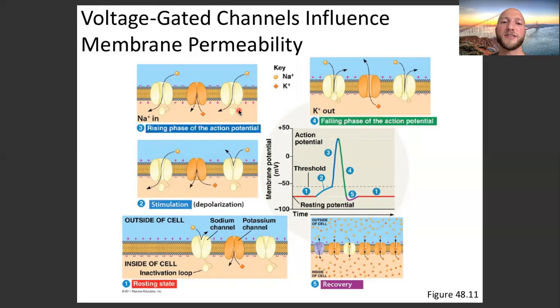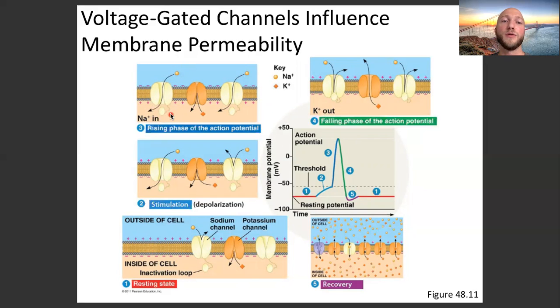When sodium rushes in through this first gate, it's going to cause this local area to become more positive. And it's actually going to cause this second sodium gate to open up. Sodium is going to rush in, causing the next sodium channel to open up, and so on down the line. So that's how the action potential actually moves down the axon. Once that first voltage-gated sodium channel opens, sodium rushes in.